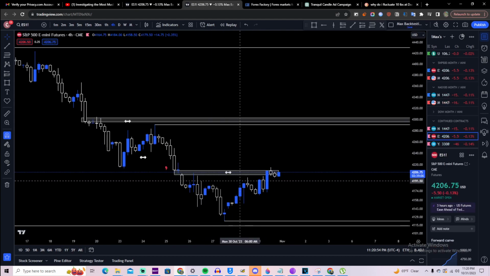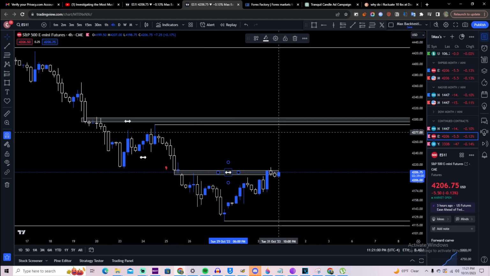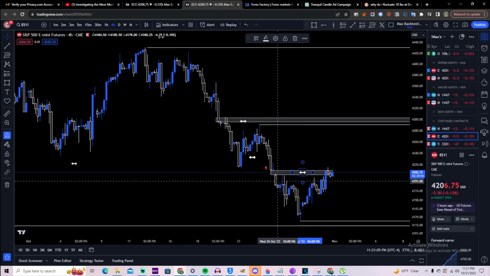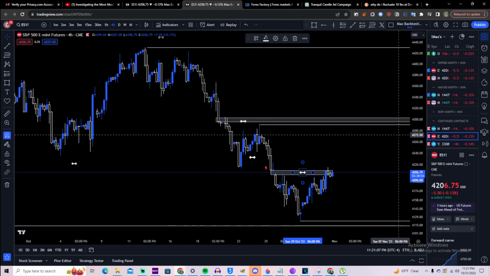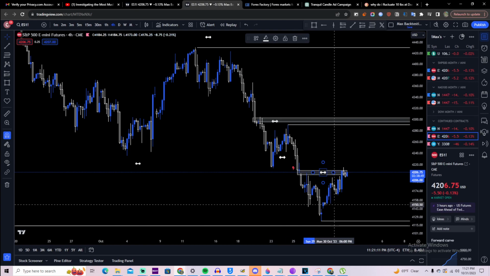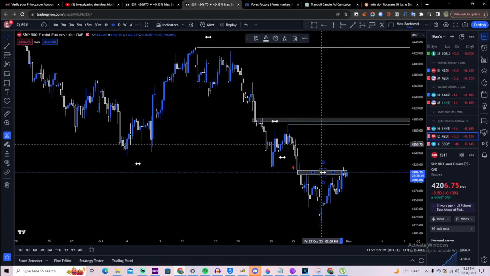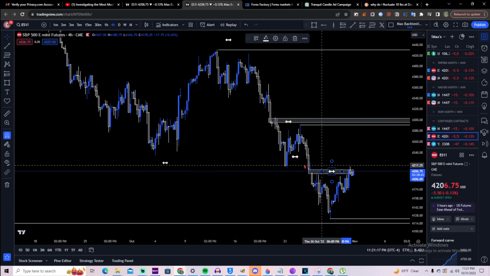We also had relative equal highs which I marked yesterday, and those levels of liquidity were taken out. So overall our bias is bearish, but we are currently expecting price to trade within this range before continuing lower.